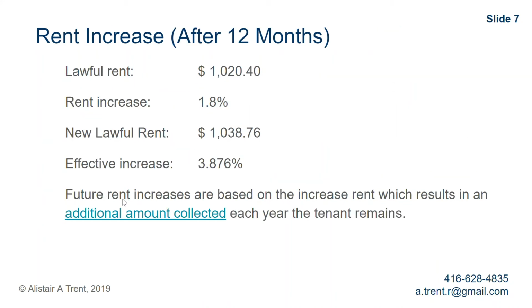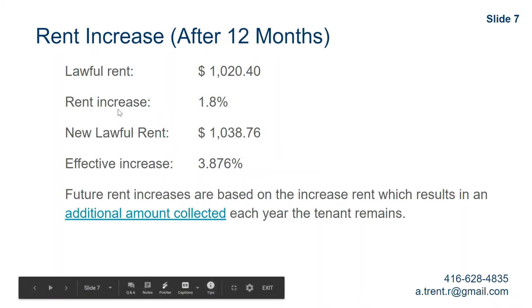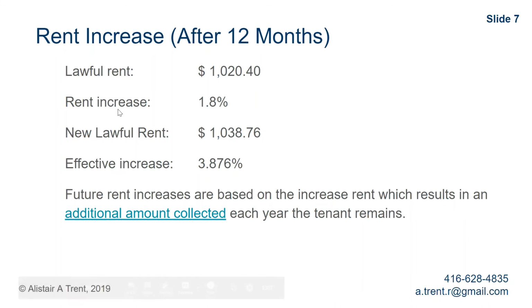Just again, based on the numbers and how it benefits your ability to increase the rents above guideline. At the time I gave this presentation, the guideline was 1.8%. It's now 2.2%, but nevertheless, the math works out relatively equivalently. The lawful rent in this case is the undiscounted rent, which is $1,020.40.